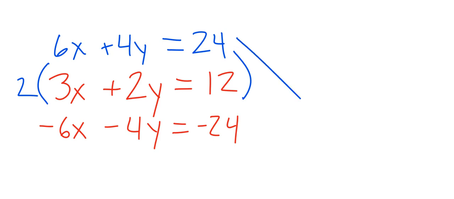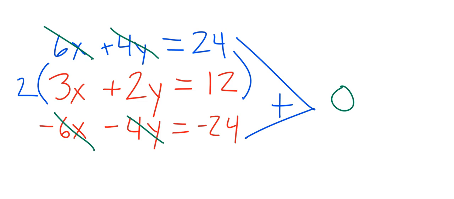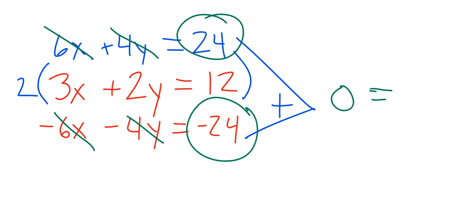And then you thought, okay, I'm going to add this equation and this equation together. Right? And what happens to the x's? Gone, right? And you're happy about that, right? And then the y's? Also gone, right? So that gives me 0 on the left side of the equal sign. And what happens on the right side of the equal sign?